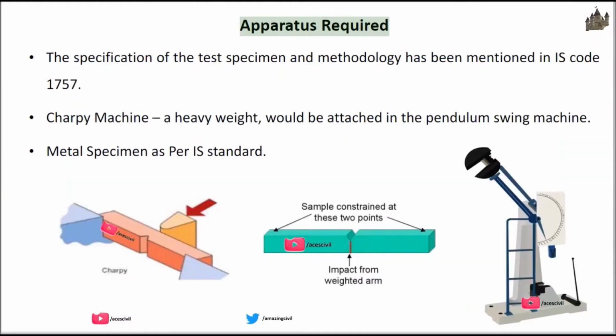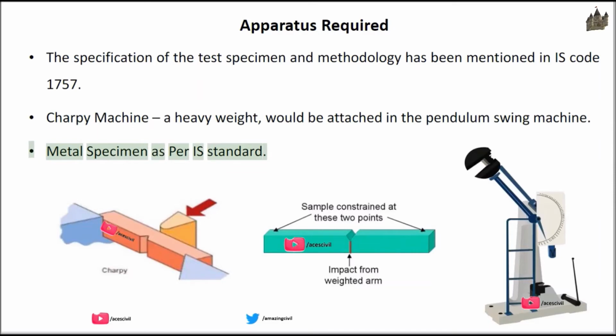Apparatus required. The specification of the test specimen and methodology has been mentioned in IS Code 1757. Charpy machine: a heavy weight is attached in the pendulum swing machine.